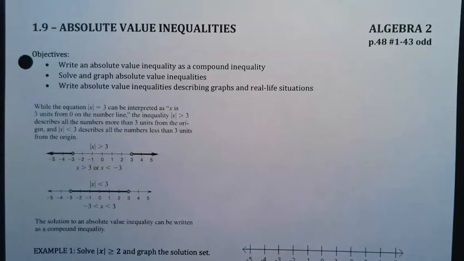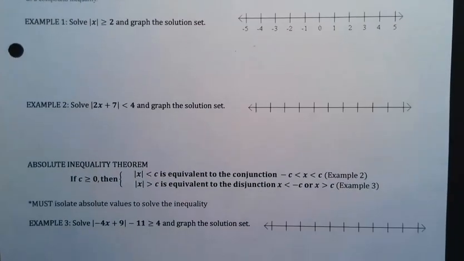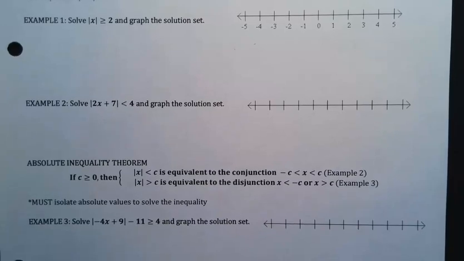All right, so let me clear this and we'll get started on some examples. Example 1 says solve the absolute value of x is greater than or equal to 2 and graph the solution set.